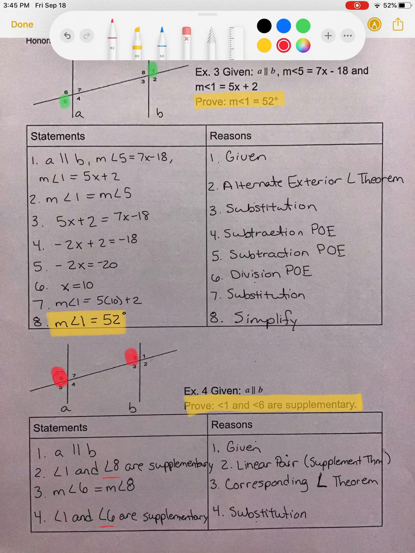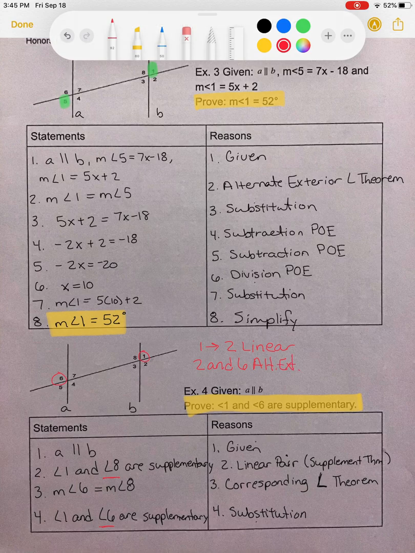With that being said, there's lots of correct ways to do this one. There's no one way. For instance, we know the original one they're looking at is 1 and 6. So you could show the relationship between 1 and 2, saying they're linear. And then you could say 2 and 6 are alternate exterior.